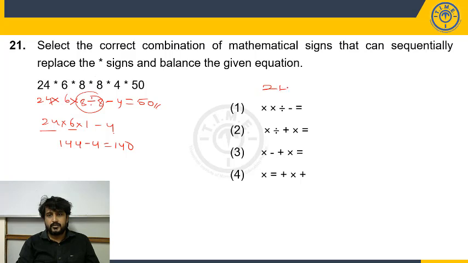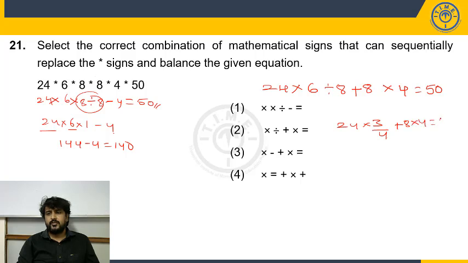What will I get? 24 into 6 divided by 8 plus 8 into 4 is equal to 50. Let's check this one. 6 divided by 8, what will I get? 3 by 4. 3 by 4 plus 8 into 4 is equal to 50. Let's see. 24 times 3 by 4: 4 sixes are 24, 6 threes are 18. 8 fours are 32. 18 plus 32 is equal to 50.